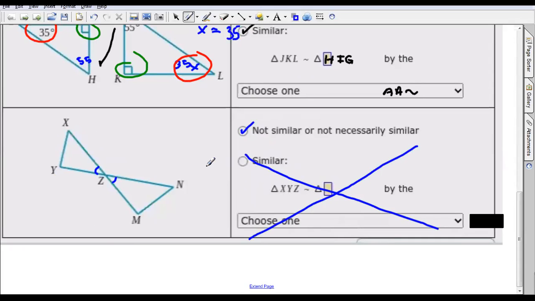They only gave us vertical angles. That's all we have, there's nothing else. Yes, there are linear angles, but that's not enough information. Any other question?